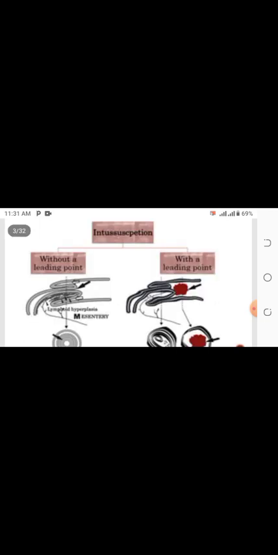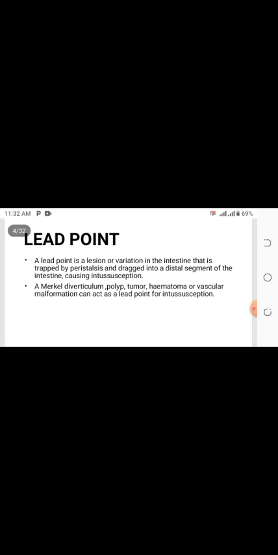Going deeper, intussusception can be divided into two. We have one without a leading point, and we have one with a leading point. So what do we call a leading point? In simple terms, a leading point is a lesion or a variation in the intestine that is trapped by peristalsis and dragged into a distal segment of the intestine, causing intussusception.